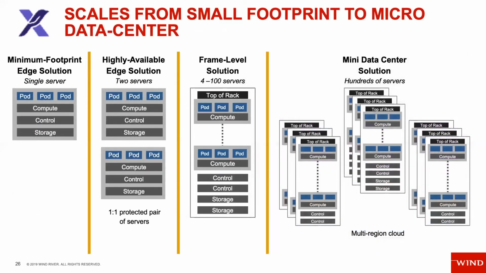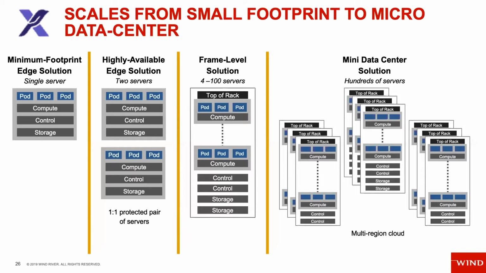Now, I mentioned very briefly that it can provide that small footprint from a single server up to a micro data center. And I've talked to a number of customers over the last 6 months or so, and I've seen everything from customers wanting to deploy just a single server at the far edge.